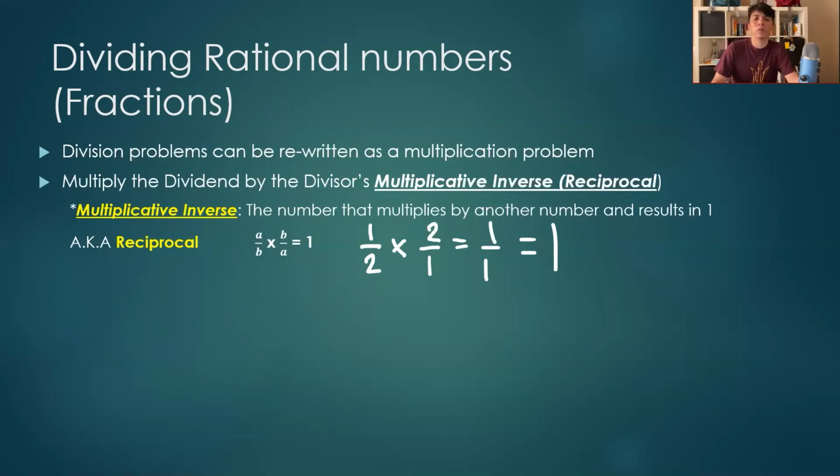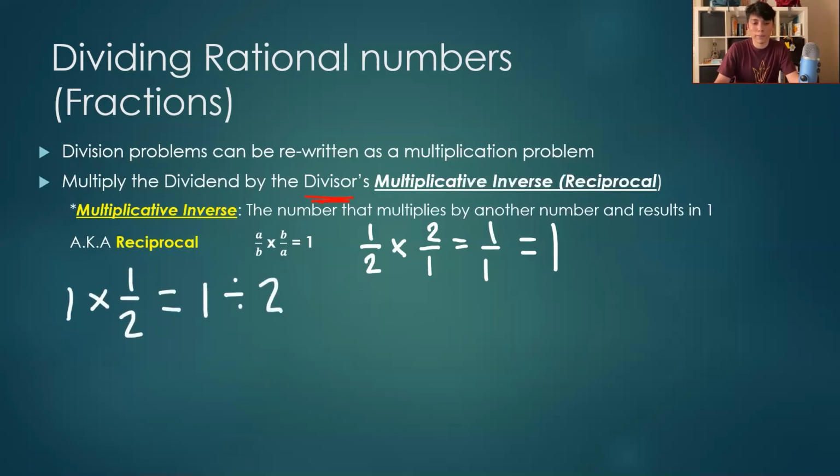But how do we use it? We use it when we're trying to make a division problem into a multiplication problem. So again, we take the divisor of the division problem, the second number in the division problem, and we flip it. But I'll show you why that works.